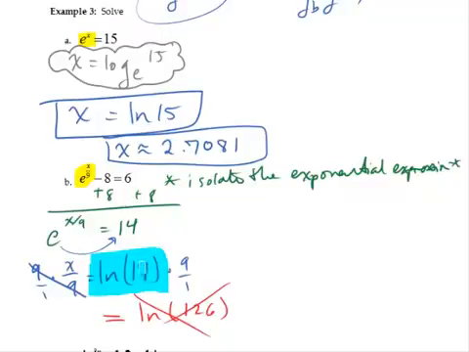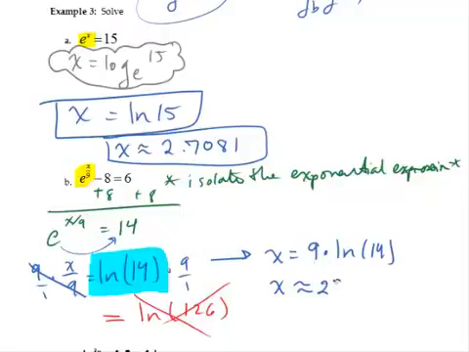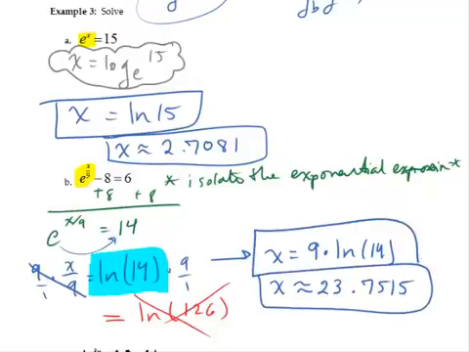So we're saying 2.6-ish times 9. So that is not the same as multiplying this 9 inwards. What you can say for me instead is x equals 9 times ln 14. 9 times that package deal. And then when we plug this into our calculator, we get about 23.7515 as the approximate.